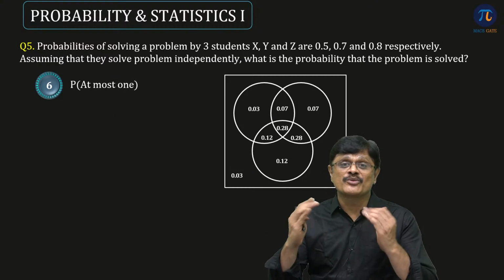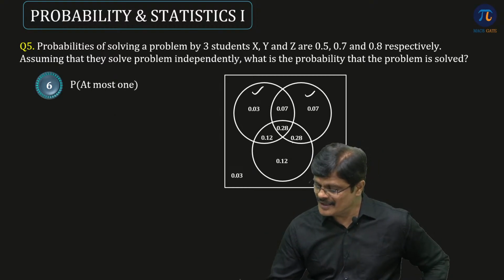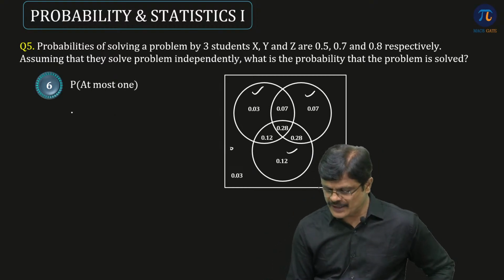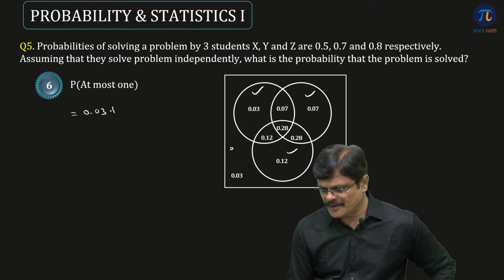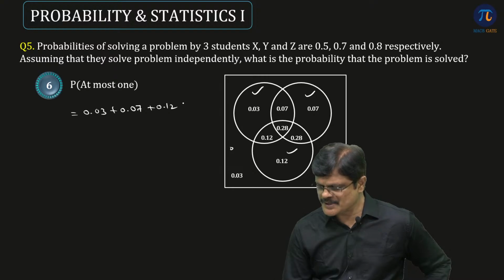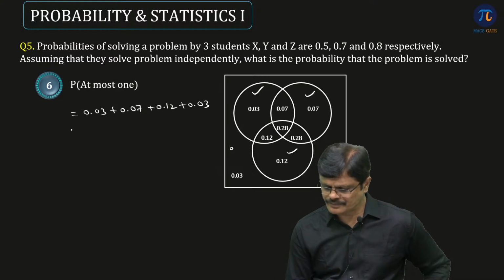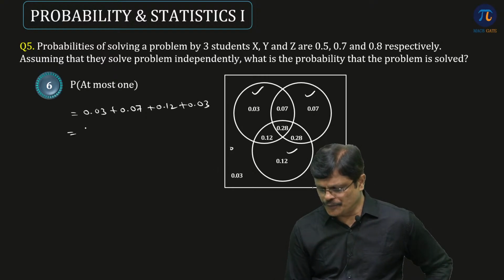At most 1 means 1 or less, 1 or 0. So that is 0.03 plus 0.07 plus 0.12 plus 0.03, which is 0.25.